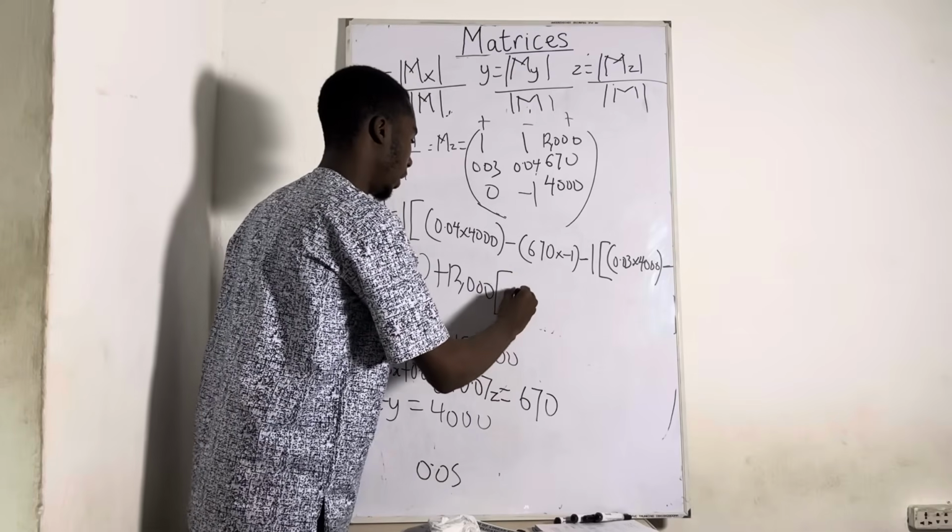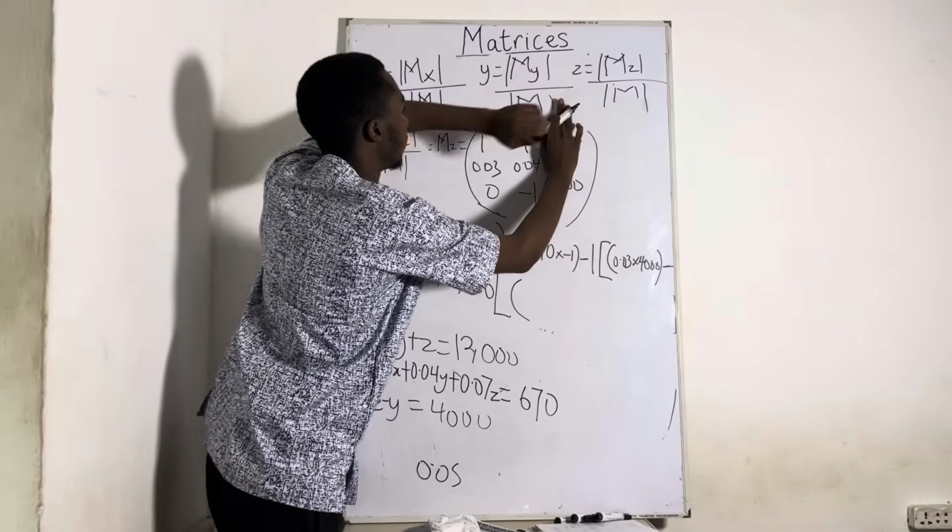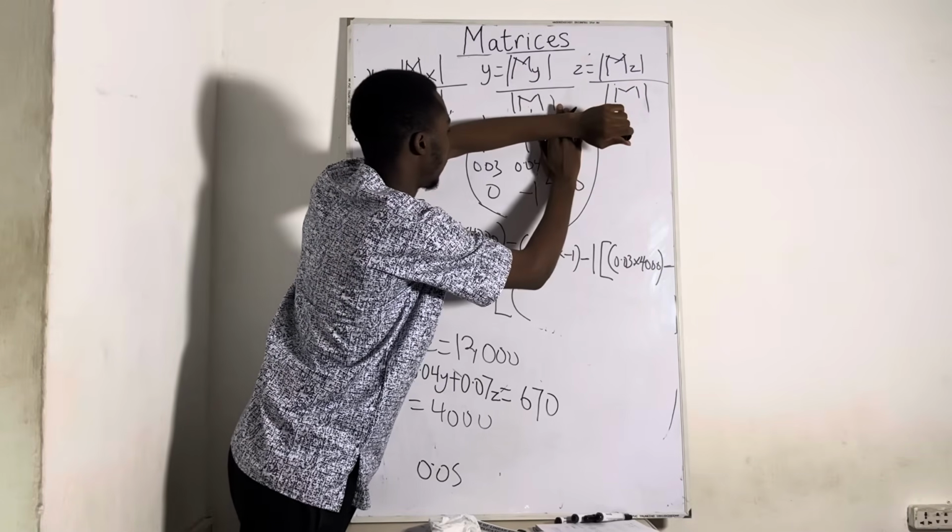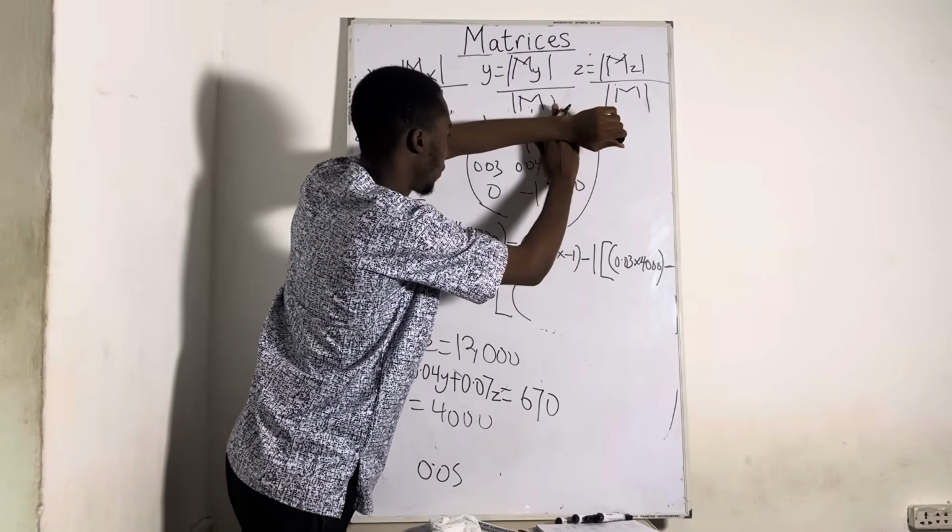Then you open a big bracket. You cover this and this, so it's going to be 0.03, 0.04, then 0 and -1.